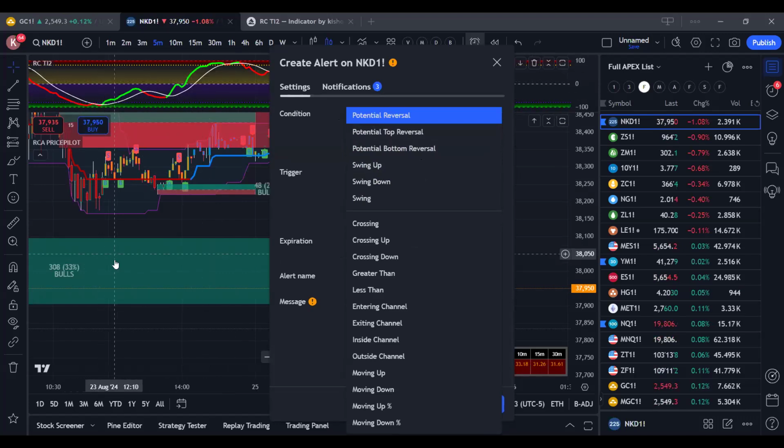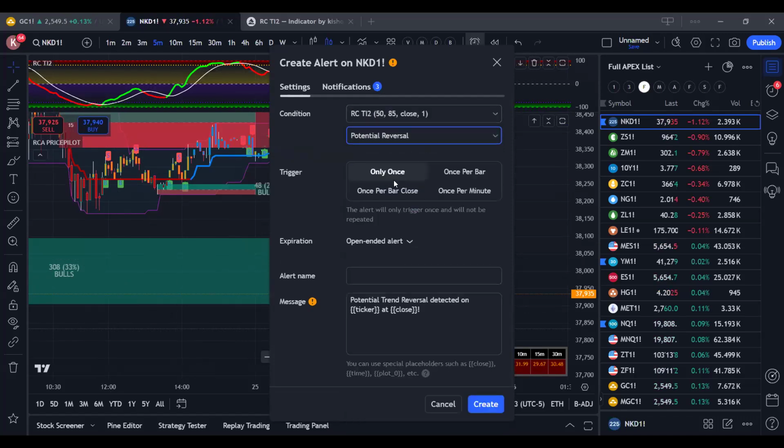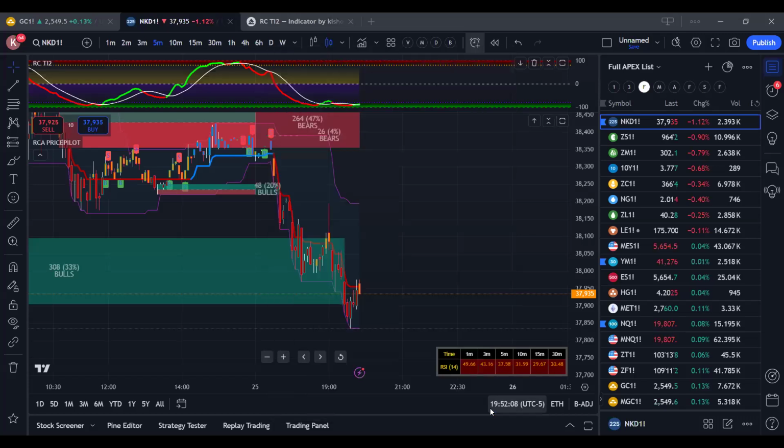Then at that point in time, you can go and see if it is at the bottom, is it close to a buy order block? If it is at the top, is it close to the sell order block? If it is close, then that is a good one to take a shot, or you can wait for the sell signal. So this is either bottom or top. It will help you get both signals. You can just pick potential trend reversal.